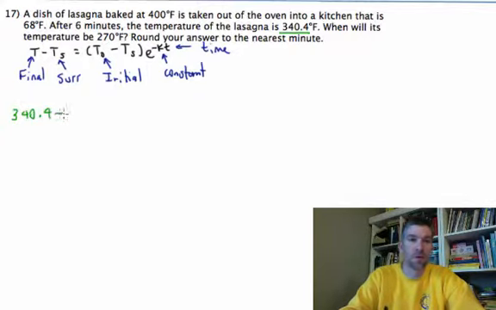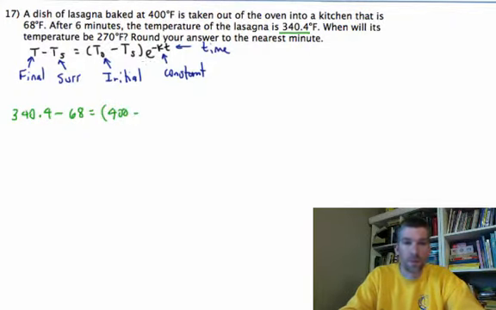The surrounding area temperature is 68. The initial temperature is when we pull it out of the oven at 400. The surrounding area is, again, 68. E to the negative K, which we don't know, times the time, which is 6 minutes. So 6K.